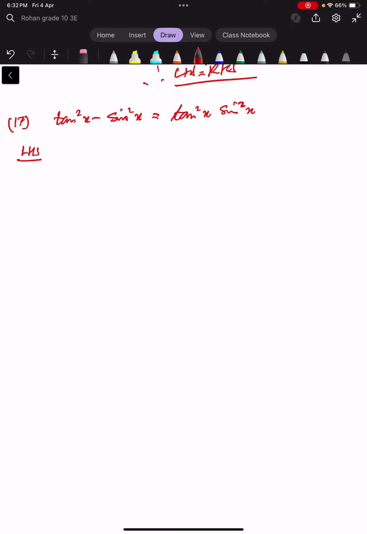Should I convert it? Yes, convert it. So that would be sine squared x upon cos squared x minus sine squared x. Take sine squared x common. What will be left?